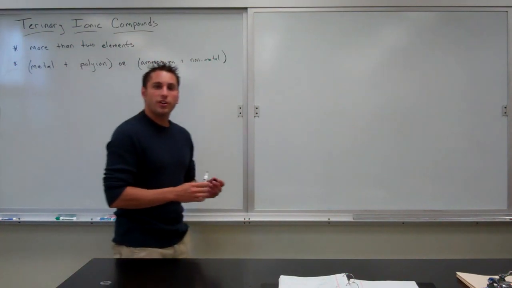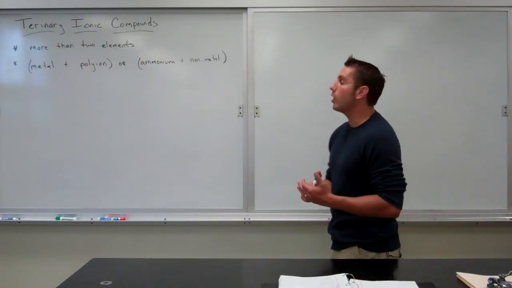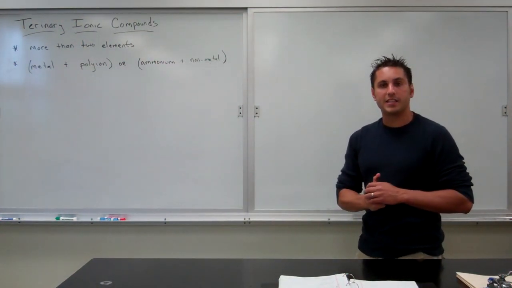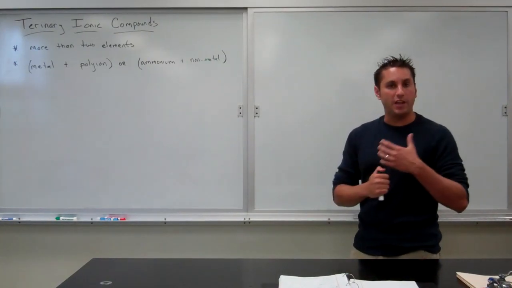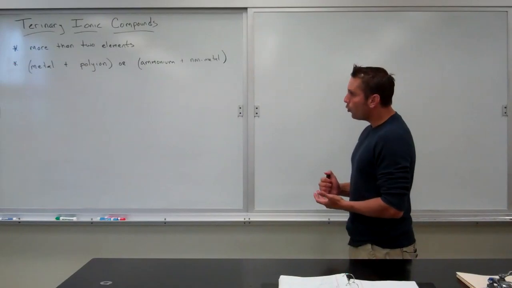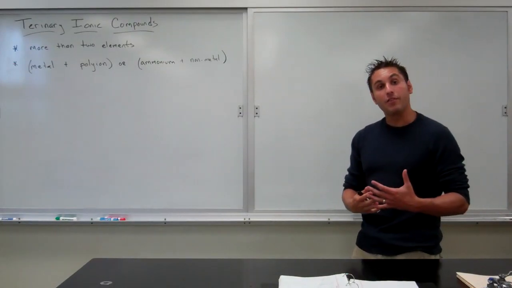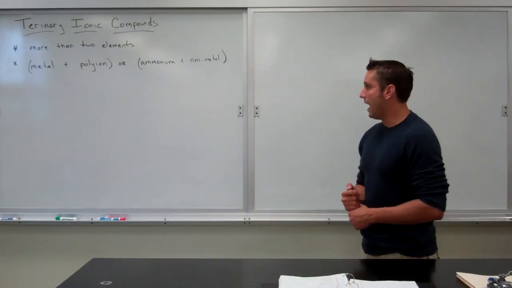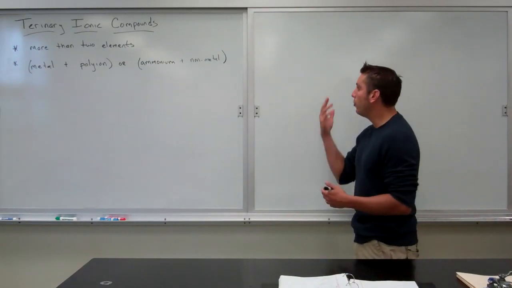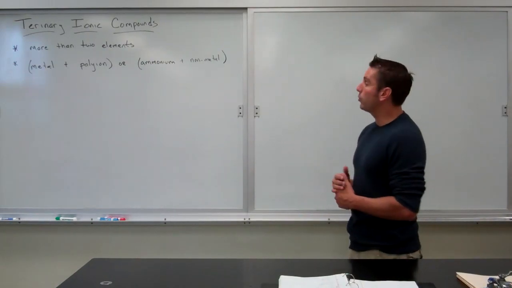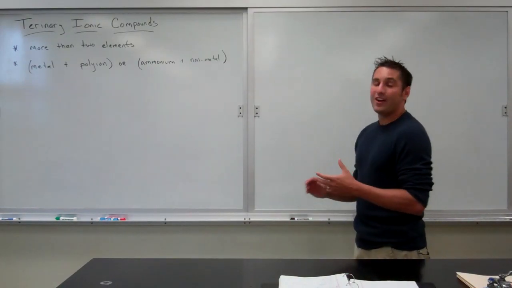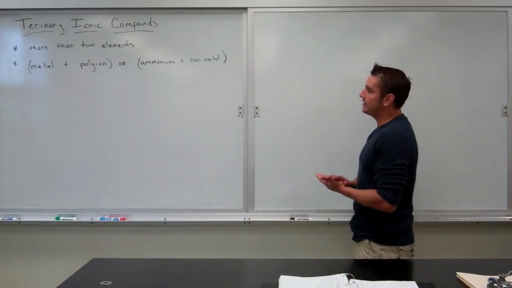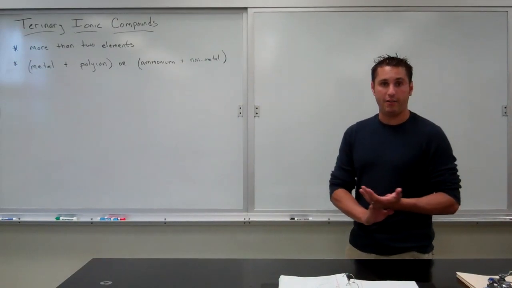So the two ways ternary ionic compounds tend to form are we have a metal from the periodic table with one of our negatively charged polyions like sulfate or carbonate, or you'll have ammonium, one of the positively charged polyions, with a nonmetal from the table like sulfur or oxygen or chlorine or fluorine. From here, you'll notice that the ternary ionic are very, very similar to the binary ionic.